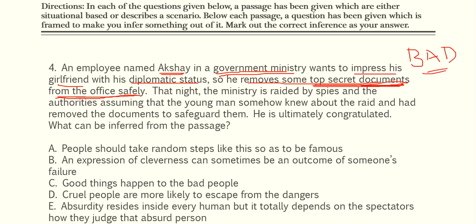Akshay. Now, what happens that very night? उसी रात क्या होता है? The ministry is raided by spies.